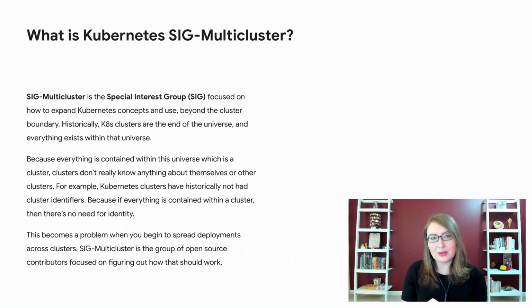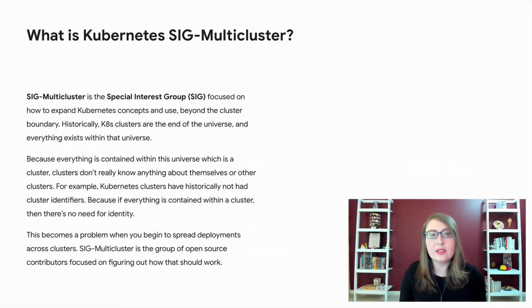First thing that you need to understand is the Kubernetes open source group's approach to multi-cluster architectures and how it thinks about them and how it looks at creating new tooling to help users who need to run multiple clusters, especially when they need to organize workloads across all of these clusters. So SIG-Multicluster, or the Special Interest Group for Multicluster, is the group that's focused on how to expand these Kubernetes concepts and use beyond the cluster boundary.